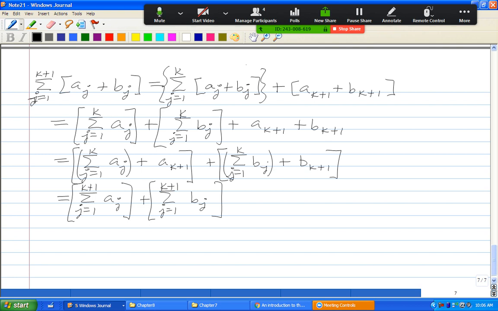And so that's what I wanted to show. I wanted to show that this property held when I replaced n by k plus 1.